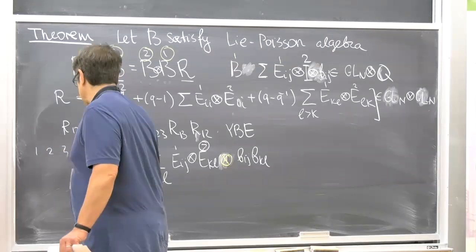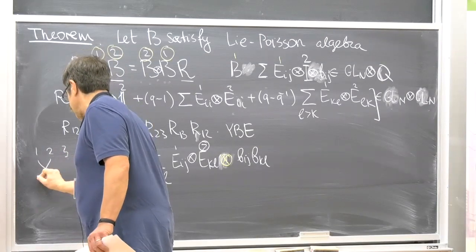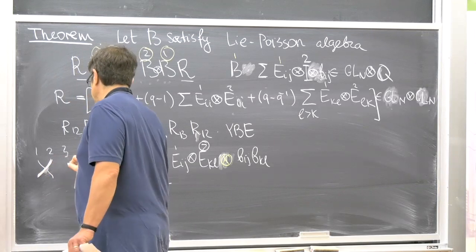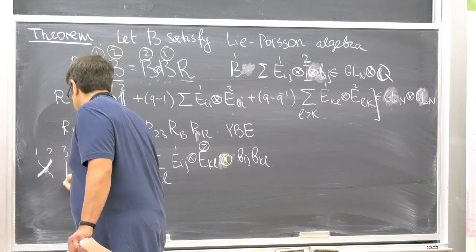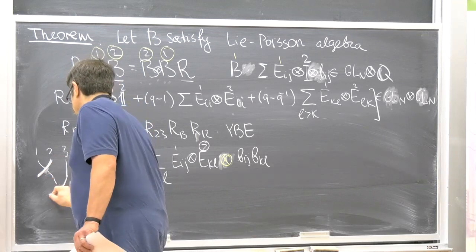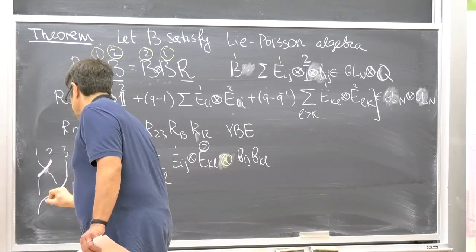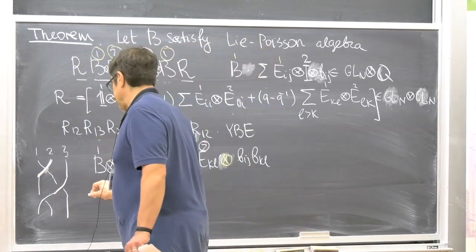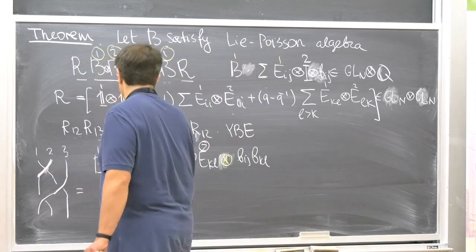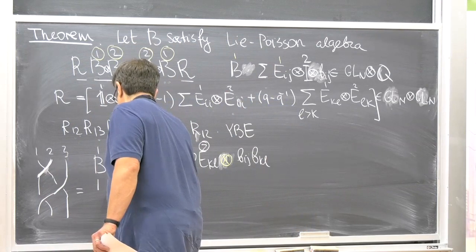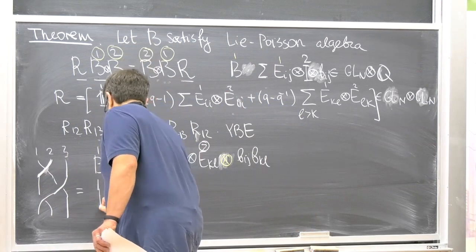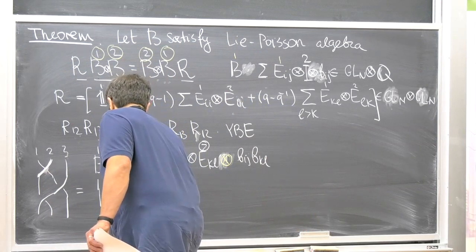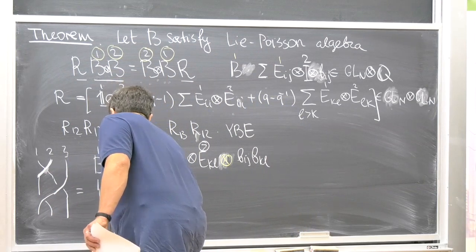So then we again, recall that this is also called a braid group action. So we have this, then we have that, and then the last one is here. So this is the first product, and this first product is equal to the other.